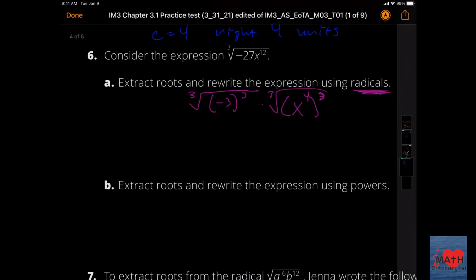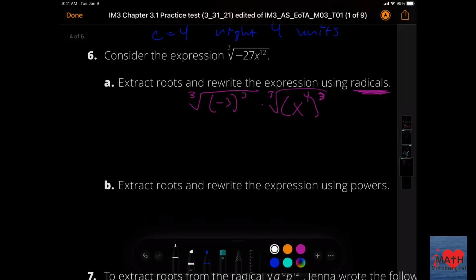Okay, and if you do this, there's 3 of them. This negative 3 can come out, right? So this would be a negative 3, and same thing over here. This x to the 4th can come out.